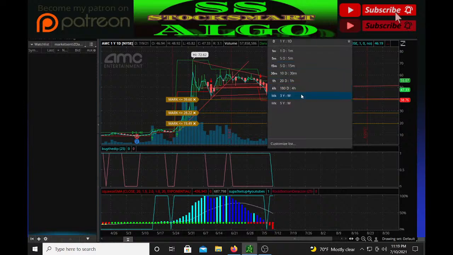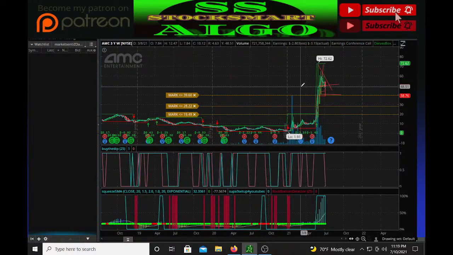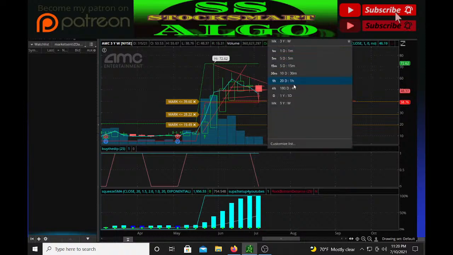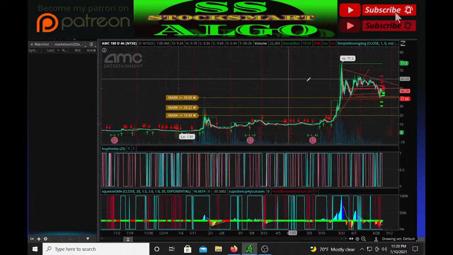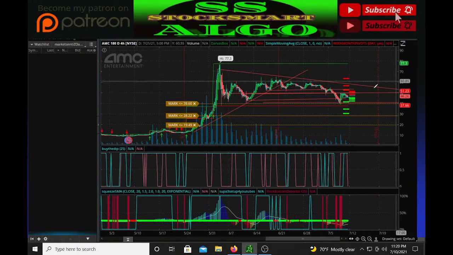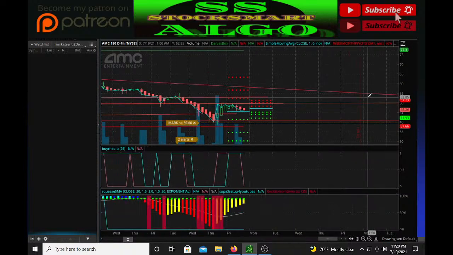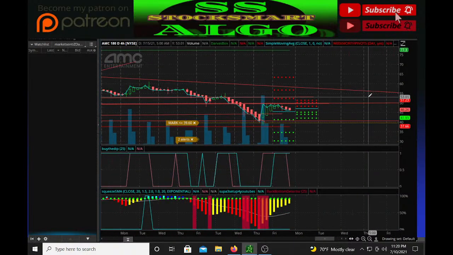If we go up to week, it might not work. All right, that's what I expected. But if we go to 4 hour, it should. All right, so that's what is considered, I believe they chart it as a secondary time frame. So you can have one time frame ahead of the other, but it can't be the other way around.